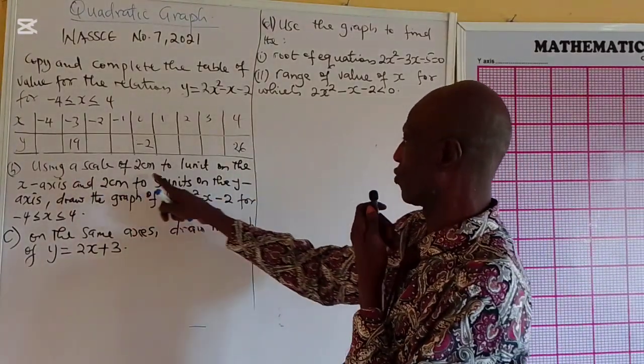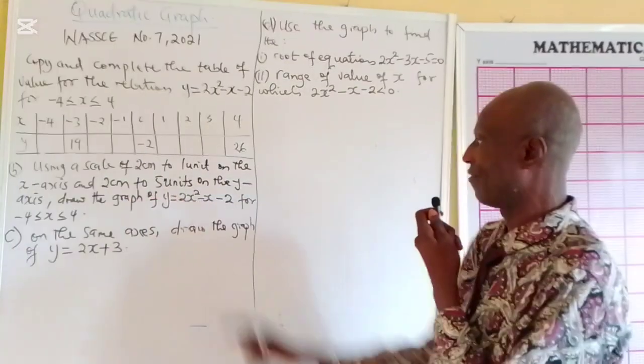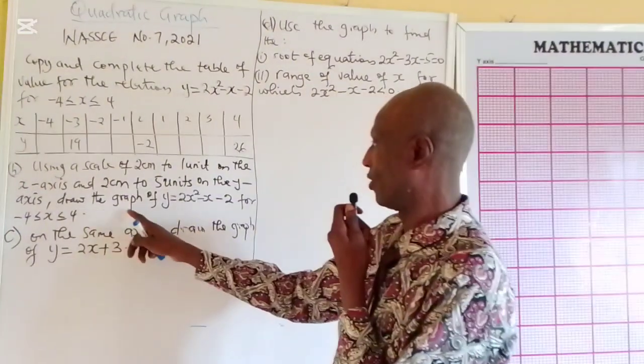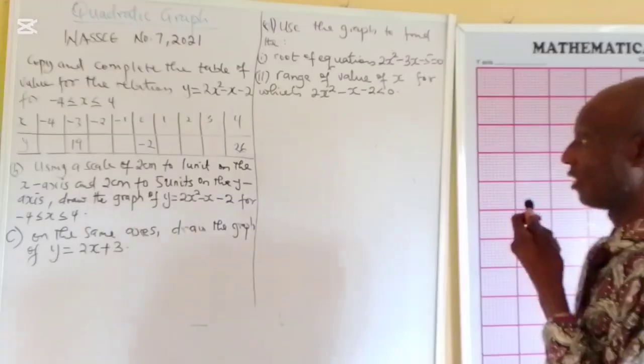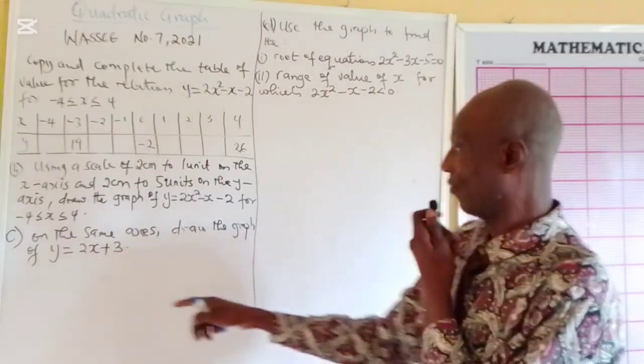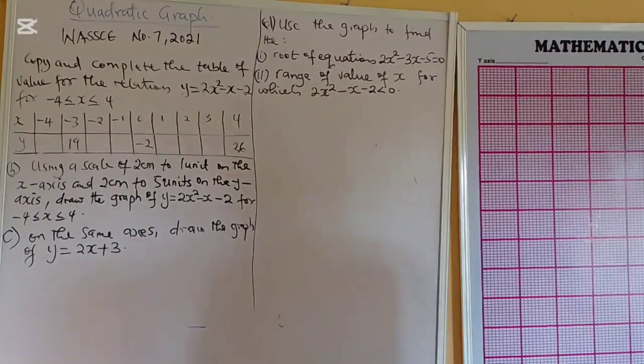We are using a scale of 2 cm to 1 unit on the x-axis and 2 cm to 5 units on the y-axis, and we are asked to draw the graph of this. Then on the same axis, we are asked to draw the graph of y is equal to 2x squared plus 3.